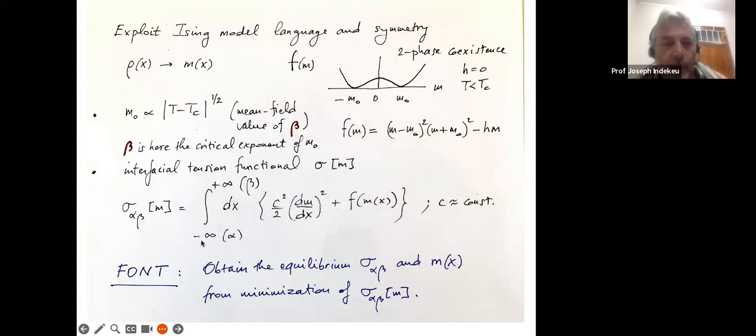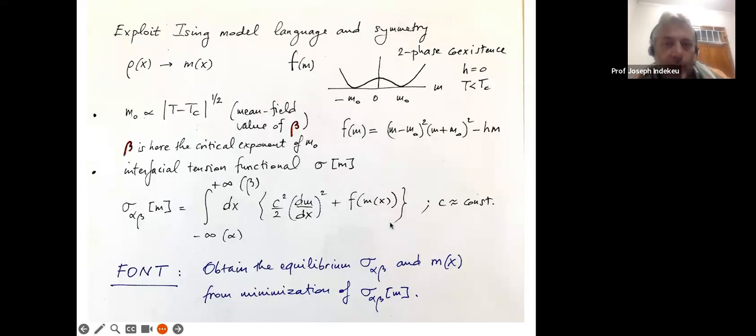So in space, we will go from the extreme left to the extreme right, and we assume the alpha phase, which could be characterized by minus m0, and the beta phase that is characterized by plus m0 to be the limiting phases, to be the bulk conditions infinitely far to the left and the right, respectively. So we integrate over space, and if we want to obtain an energy per unit area, we better integrate an energy per unit volume over length.